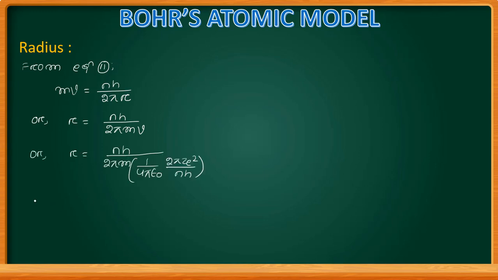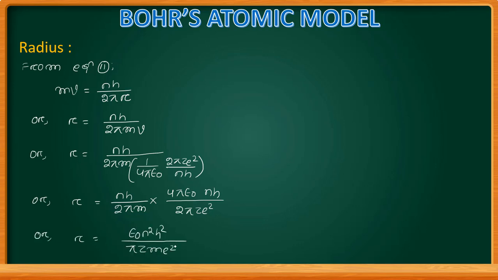So by solving this we can get, remember this one, r is equal to epsilon naught n square h square by pi z m e square. This is the expression for radius. Remember this one. And as you know, for hydrogen z is equal to 1 and n equal to also 1. So the radius of first orbit of hydrogen atom, or you can say Bohr radius also. Yes or no?